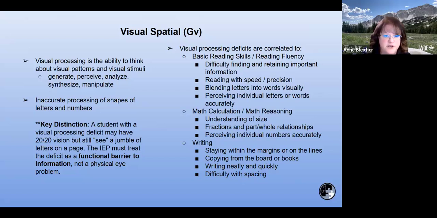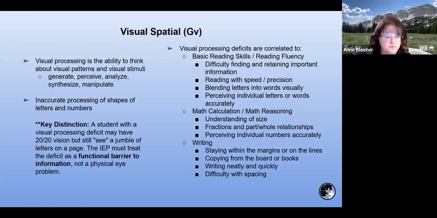And I would just encourage you, if things are not lining up when you're looking at evaluations with students, it might be something that you need to look into deeper to better quantify what might be going on visually, or check with the person that did the evaluations to see if they noticed anything. Often when we're doing those evaluations, we'll see other signs of maybe the eyes are not working correctly that may warrant some additional assessment.